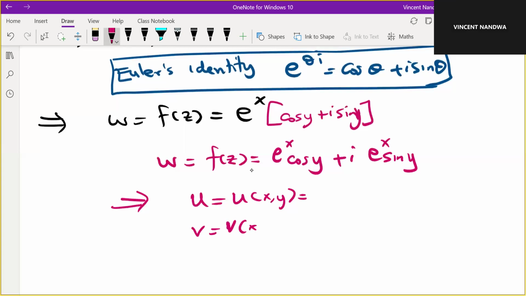What is u? Remember, by definition, w equals f of z equals u plus iv.